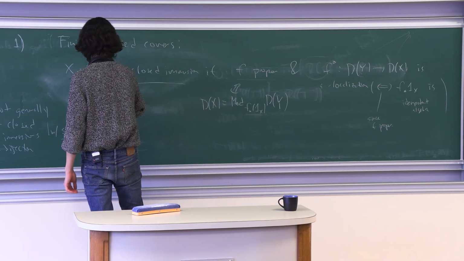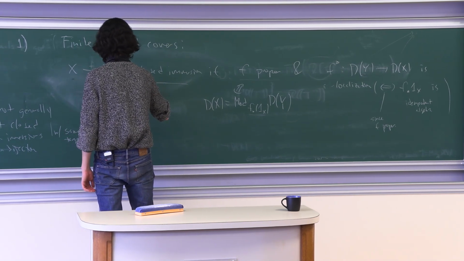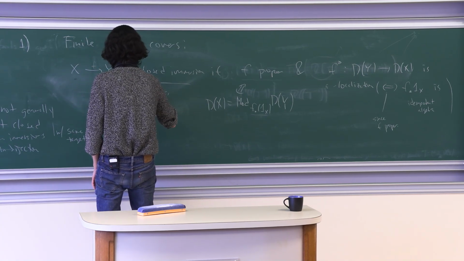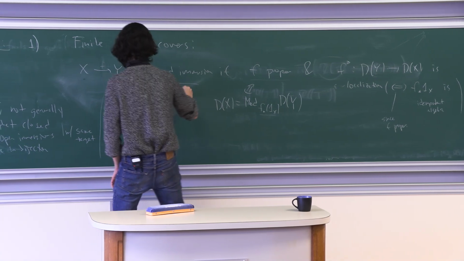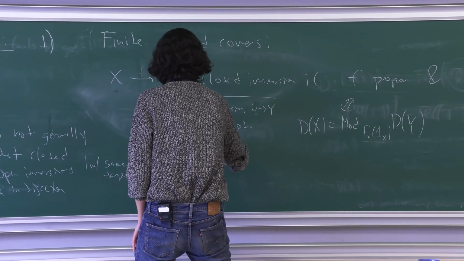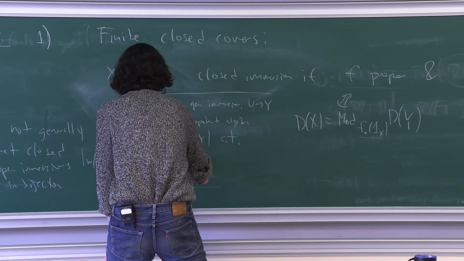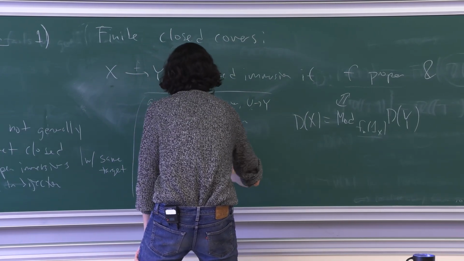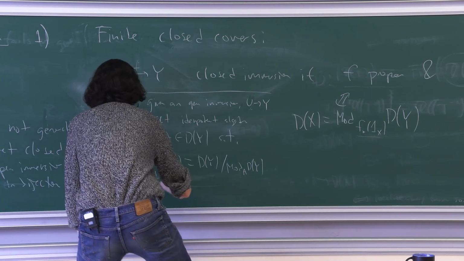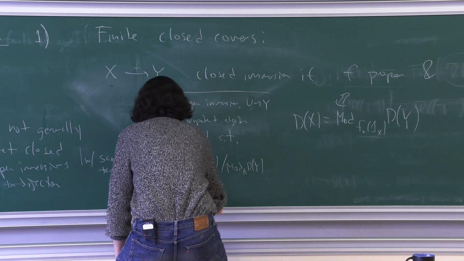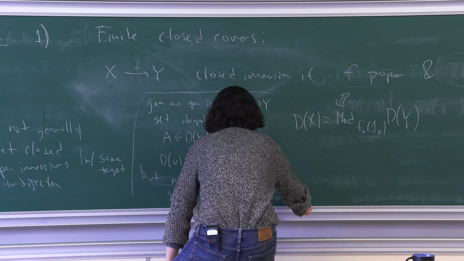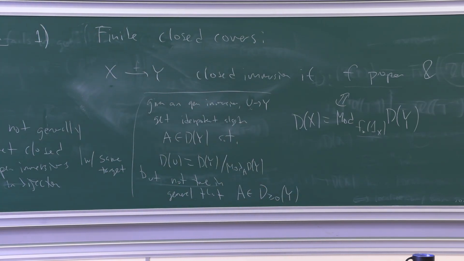Given an open immersion U to Y, we get an idempotent algebra A in D of Y, such that D of U equals D of Y mod A in D of Y. But it's not true in general that A lives in D greater than or equal to 0 of Y. So it's not necessarily connective.